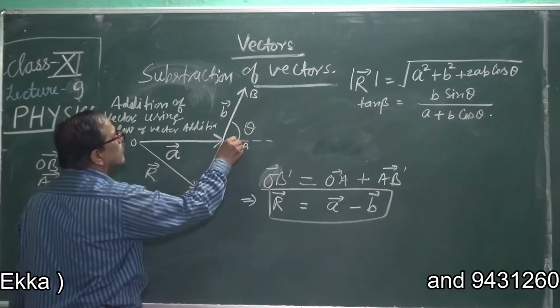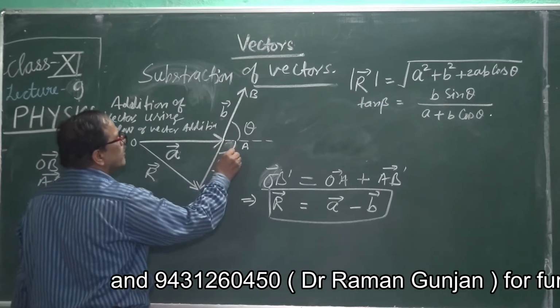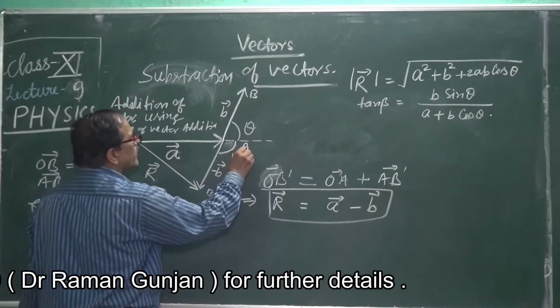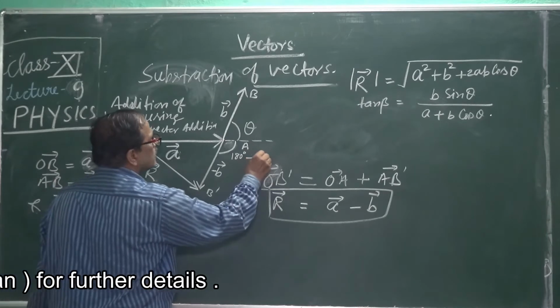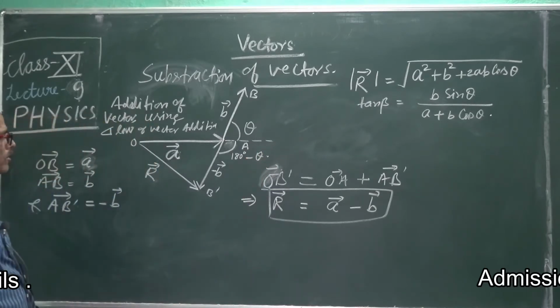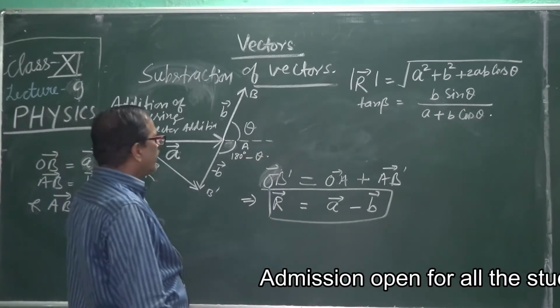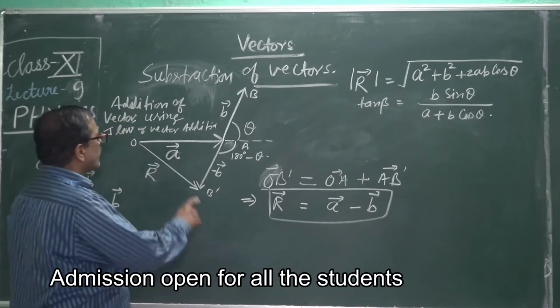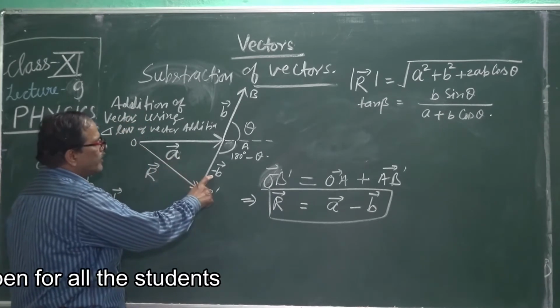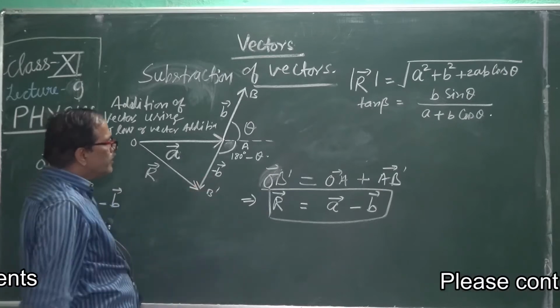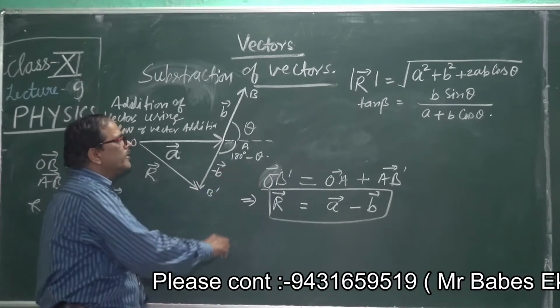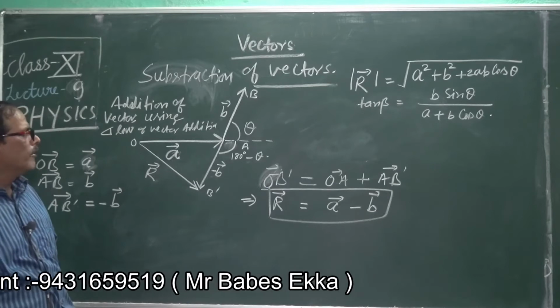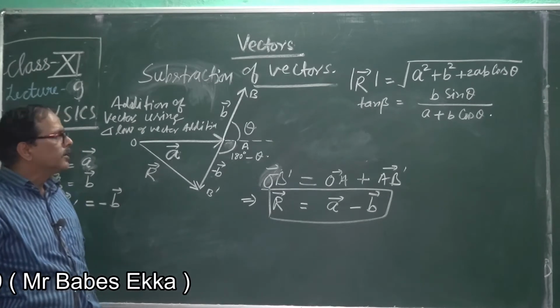Here this angle, how much is this angle? 180 degree minus theta. In this case the angle between the two vectors, vector A and minus vector B, what is the angle between them? It is 180 degree minus theta.